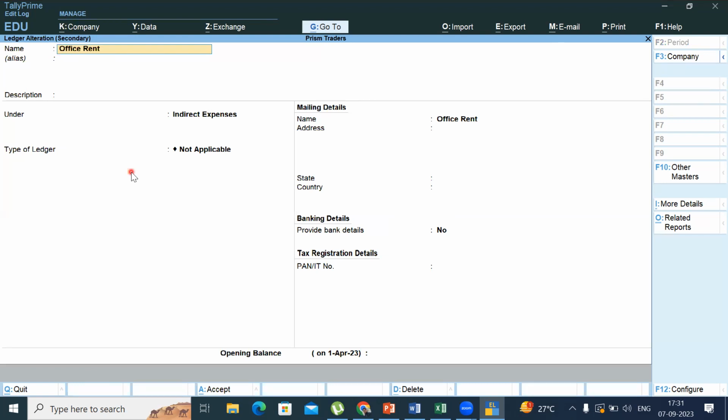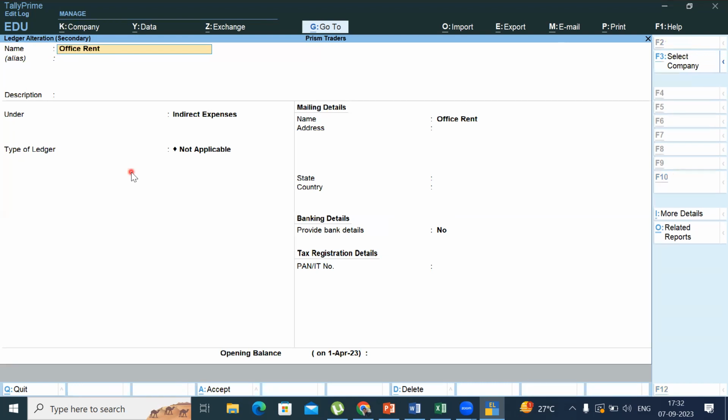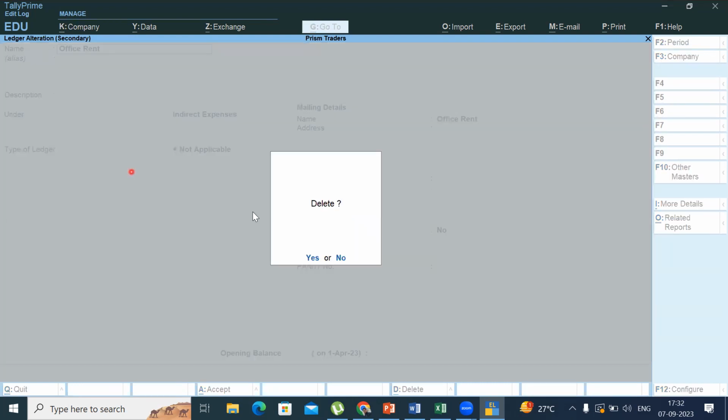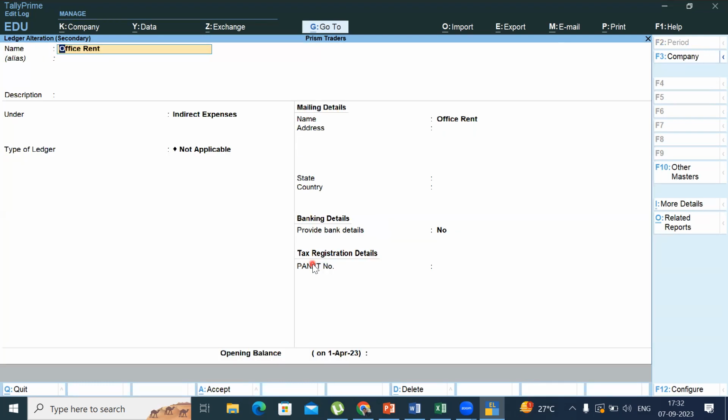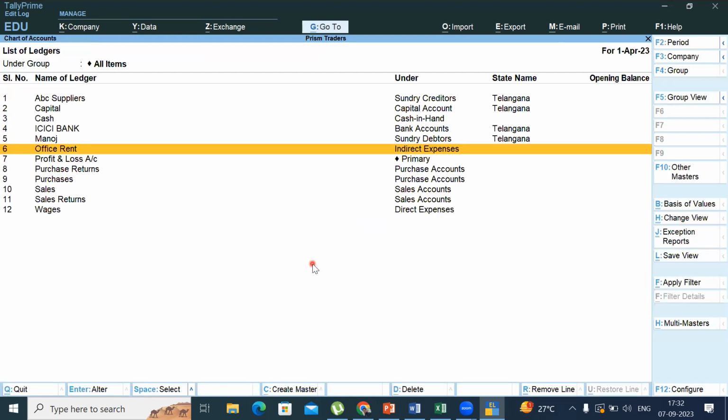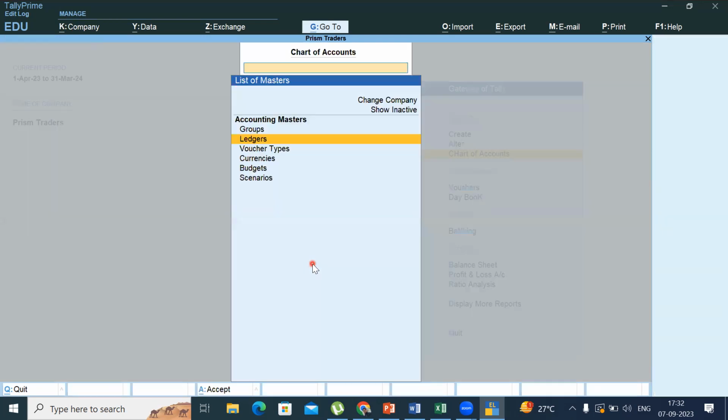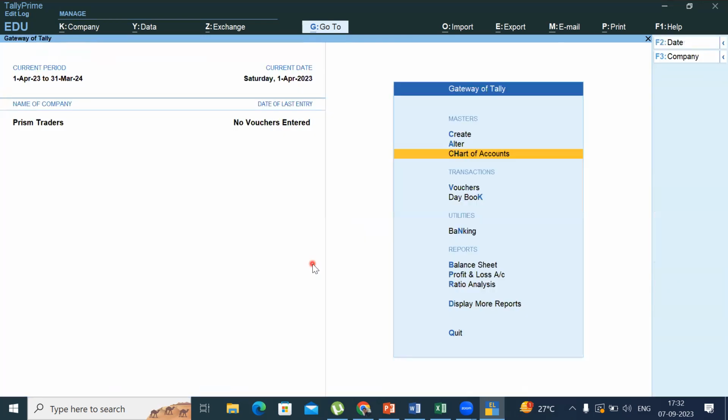Alteration is nothing but editing the ledger. If you want to delete a ledger, press Alt D. Alt D means delete the ledger. Now it is not required to delete any ledgers. This is a common step, guys: how to alter or change a ledger is always the same method. I hope you understand everything.